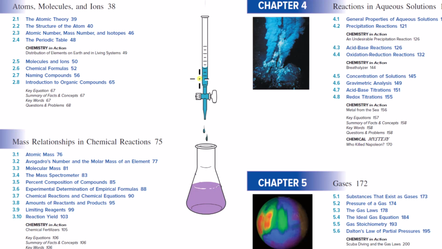Now with acid-base titrations, as we talked about, the chemical reaction that takes place upon the mixing of the burette solution with the beaker solution is an acid-base neutralization reaction. So an acid and base interact to form a salt and water.